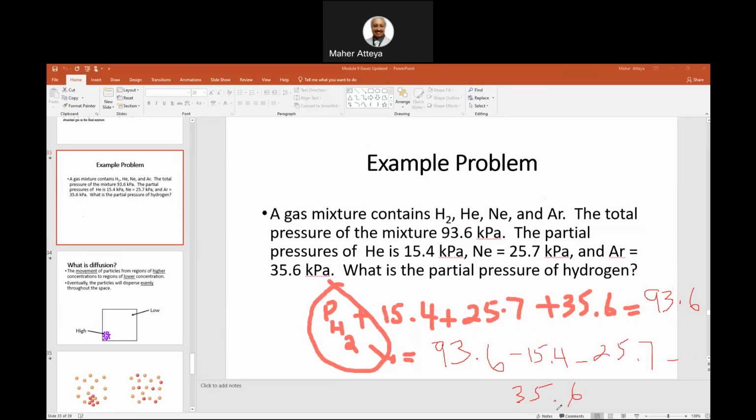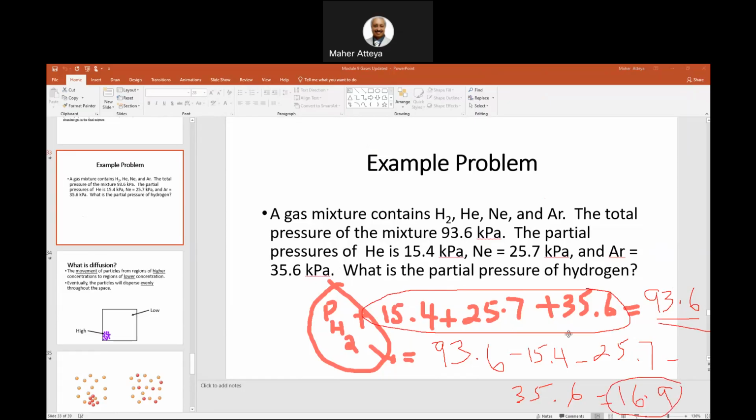What's the answer here? Somebody has it? 16.9. Can we verify this? Yes, we can. If we add those three, it has to give us this total. And it does, correct? 16.9. So this is how you solve this type of problem.